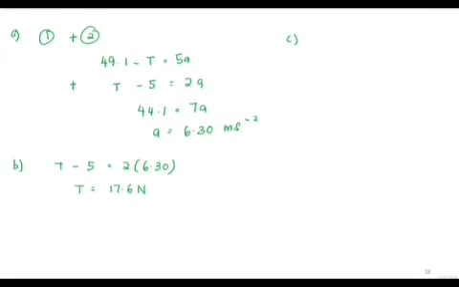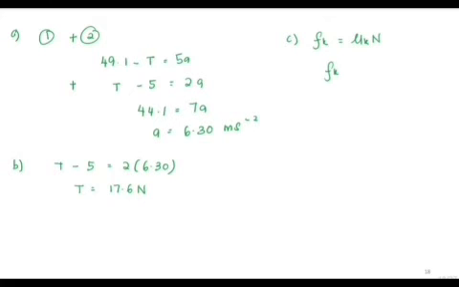The last question is to determine the coefficient of kinetic friction. We can use the formula kinetic friction equal to coefficient of kinetic friction times normal force. In the question, the kinetic frictional force is given as 5 Newton.